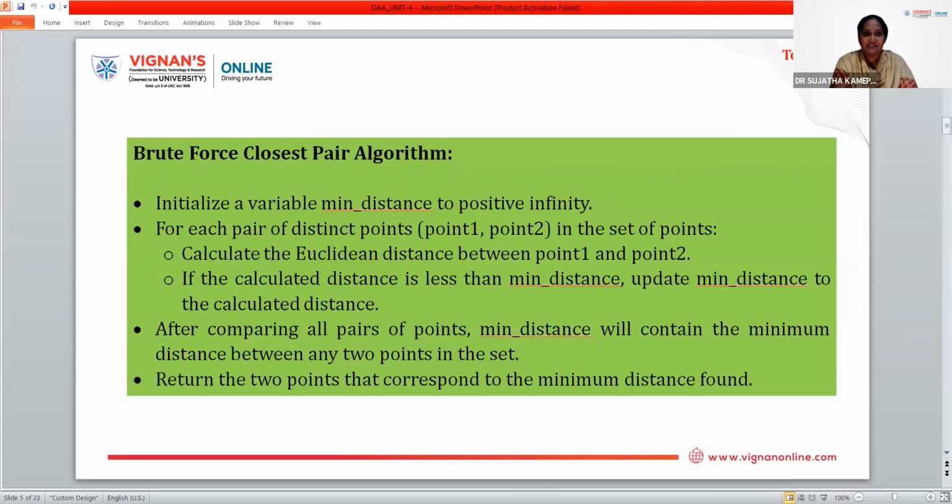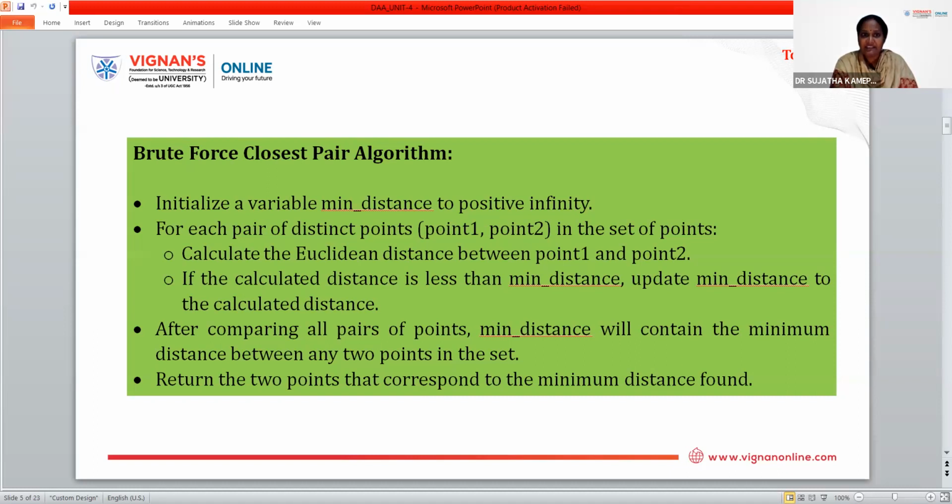Here you can see the steps in the algorithm for the brute force approach. First, we need to initialize a variable called minimum distance to infinity. For each pair of distinct points, point 1 and point 2, in the set of given points, calculate the Euclidean distance between point 1 and point 2.